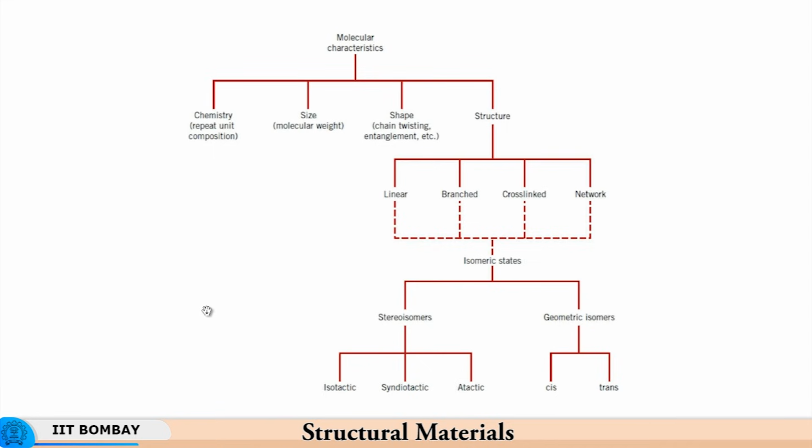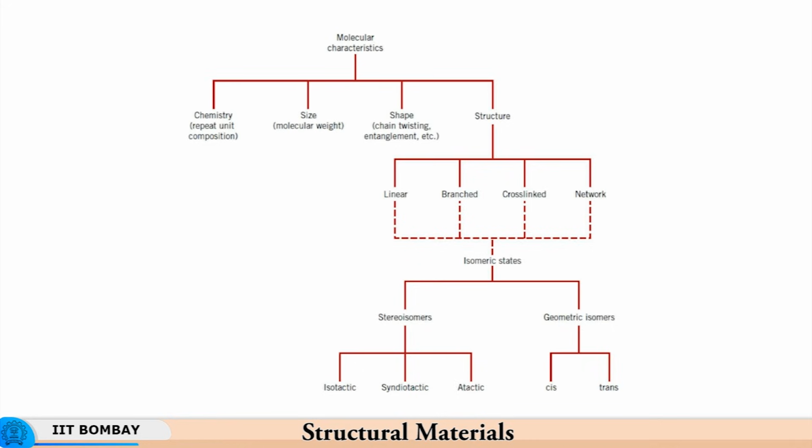Now what kind of macromolecules can you have? We have seen that by virtue of chemistry you have a repeat unit of a specific composition. Then you have repeat units of different sizes. For example, we have seen that the PMMA type of repeat unit is much larger than even PVC or polyethylene or polypropylene.